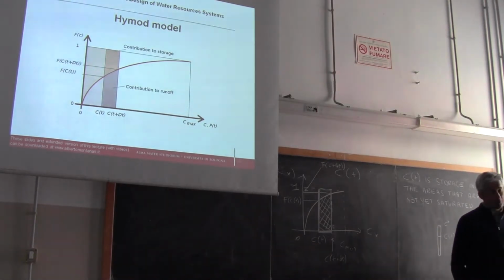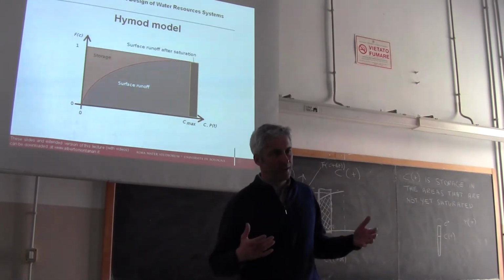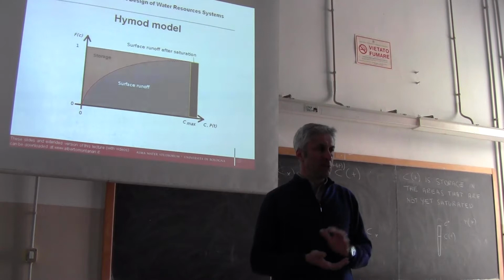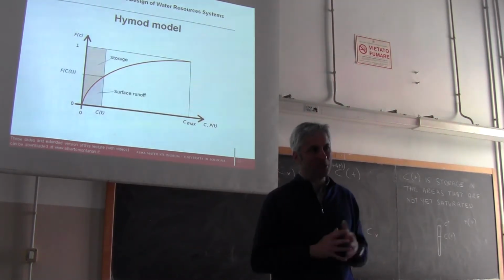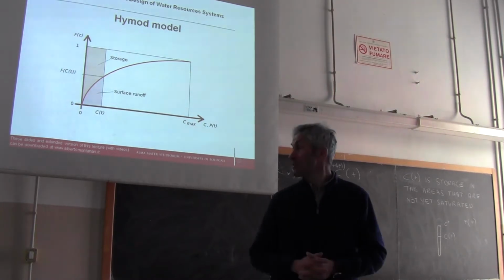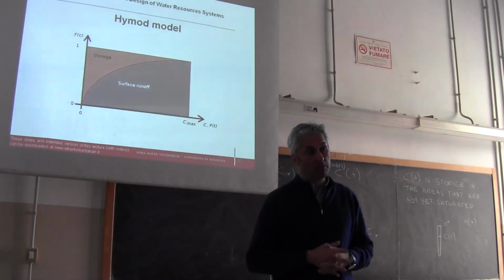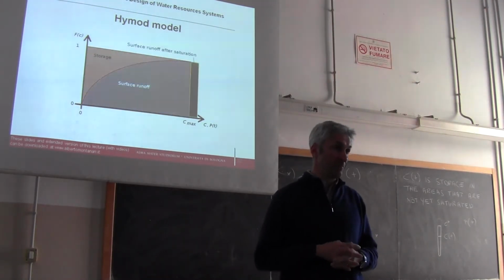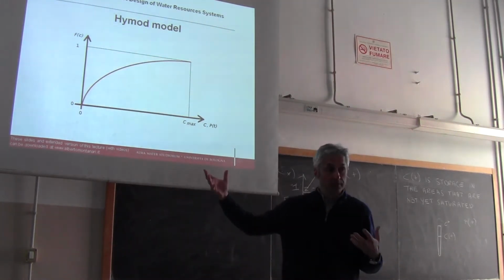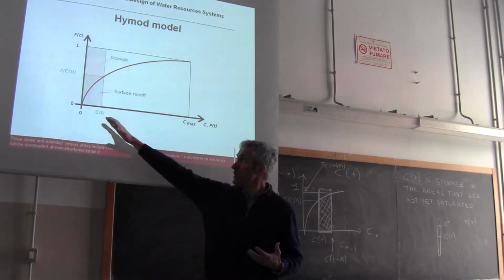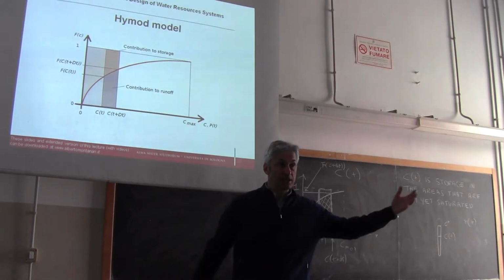So, provided that we understood, and I'm not sure if I explained well enough at this stage, but let's assume that I was good enough, we now have to compute the surface runoff analytically. Therefore, what I need to do is compute the area below the curve and the area above the curve as time passes.